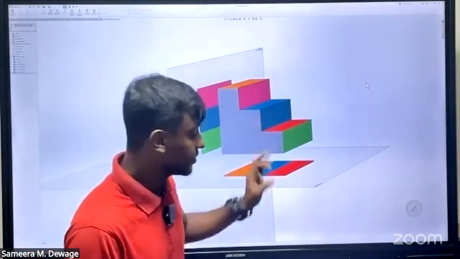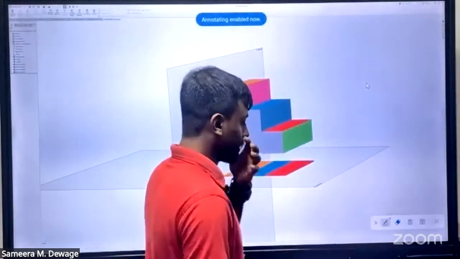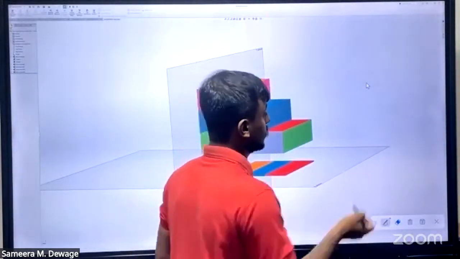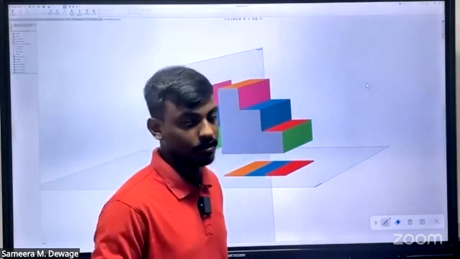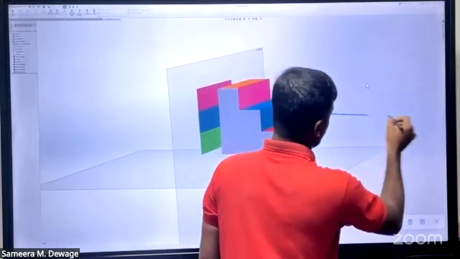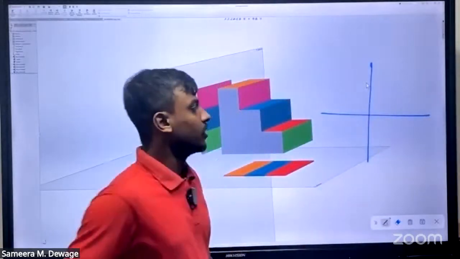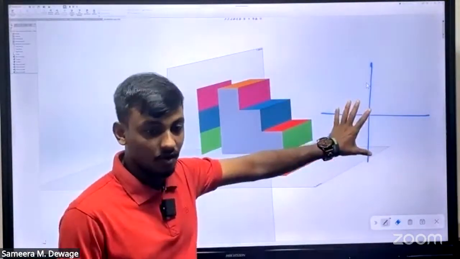The quadrant system, in Sinhala we call it Vurthapada.